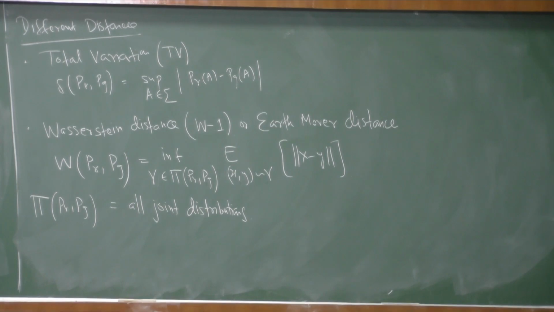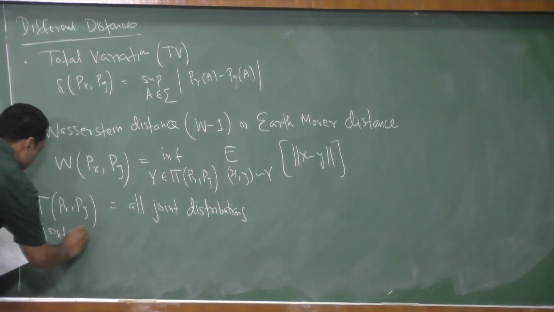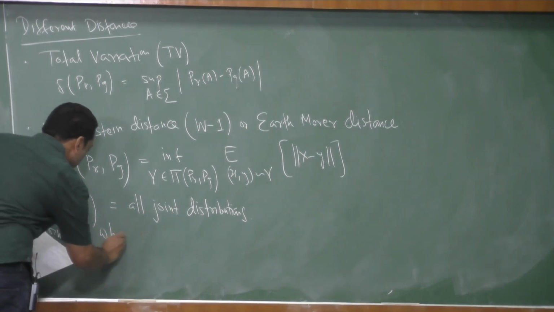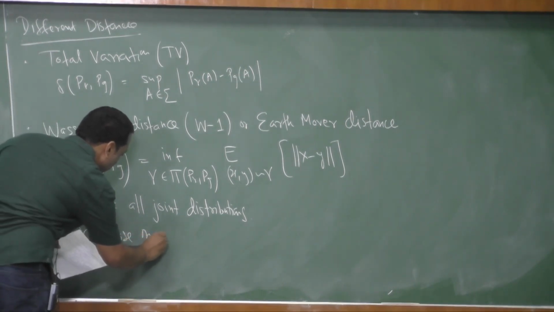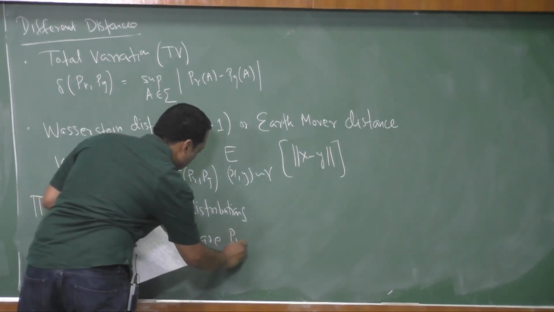These are the things we have done in the class, right? So this is the joint of x, y, but then I have the corresponding marginals for x and for y. PR and PG are the marginals for x and y. So the joint here is like gamma, whose marginals are PR and PG.